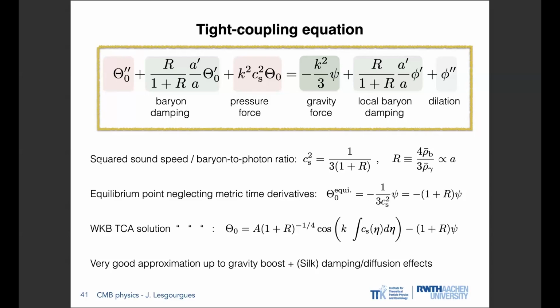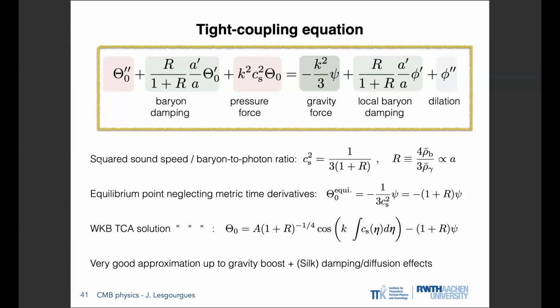It's the distance traveled, so it's between 0 and some eta, and this would be a dummy variable. This is the integral between the early universe and the time of interest of the sound speed. So it gives you the distance traveled by a sound wave in coordinate space. So it is still the comoving sound horizon, while this is the comoving wavelength of the mode I'm interested in.